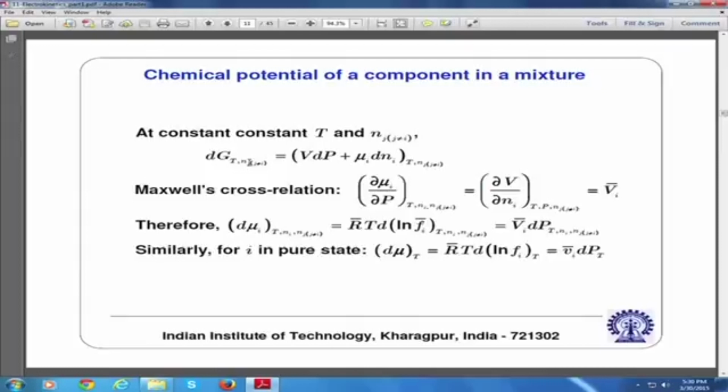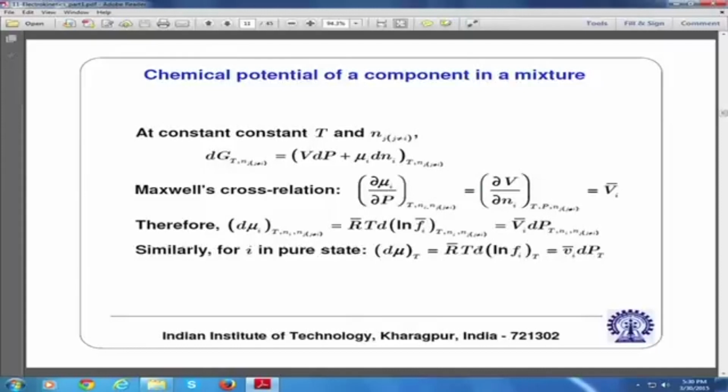So accordingly this expression we have written, and the Maxwell's cross relation, which is nothing but the rule of partial derivatives, that if dz is equal to M dx plus N dy, then del M by del y is equal to del N by del x. That is the Maxwell's cross relation. So that gives this expression.